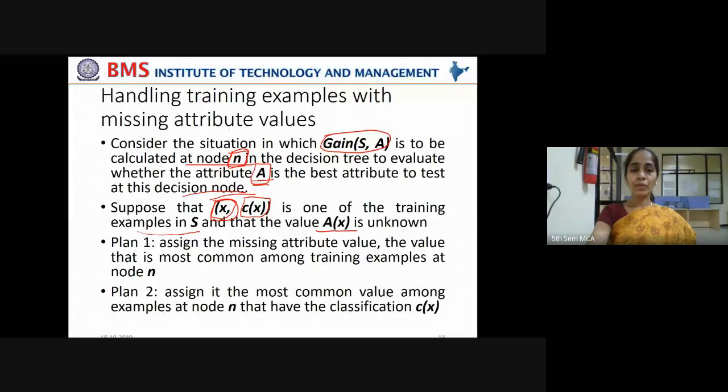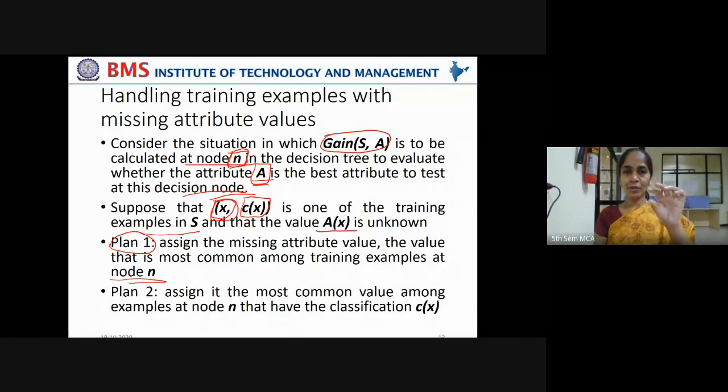Okay. Now, what is our plan? Plan A, plan B, they'll tell, right? What is plan A? Assign the missing attribute value the value that is most common among training examples at node N. That particular node has some classifications available, right? Say by checking Outlook as the split point, classification is done. After classification, 4 training examples have come onto this leaf node.